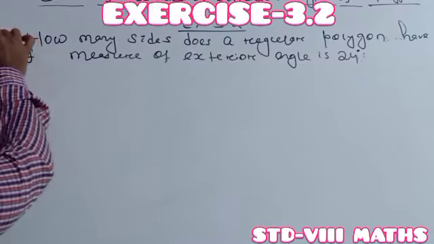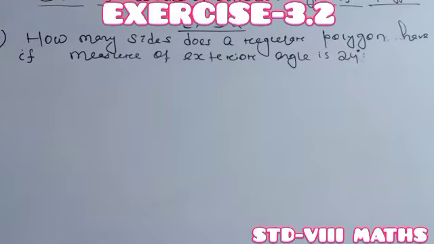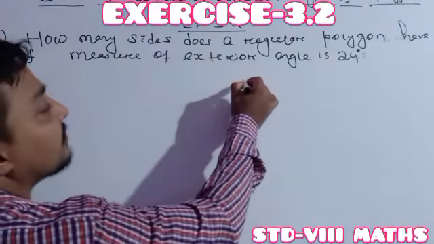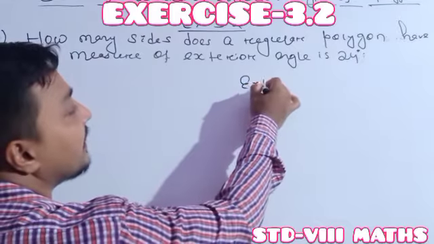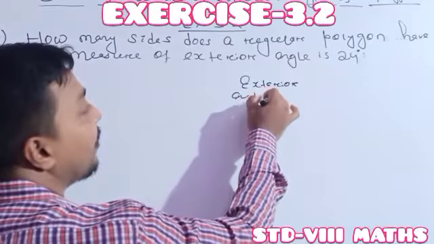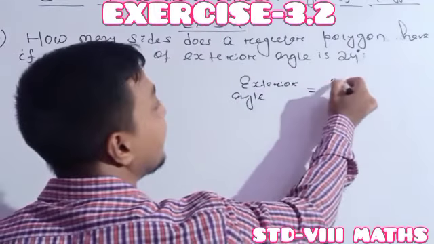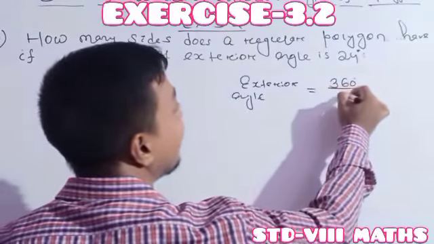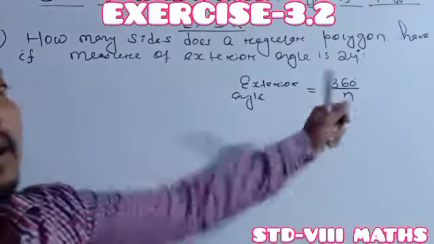For question number 3, it is asked: how many sides does a regular polygon have if the measure of the exterior angle is 24 degrees? A regular polygon means each of its exterior angles is the same. Just now I told you one formula: the exterior angle of a regular polygon is 360 degrees divided by n, where n means number of sides.